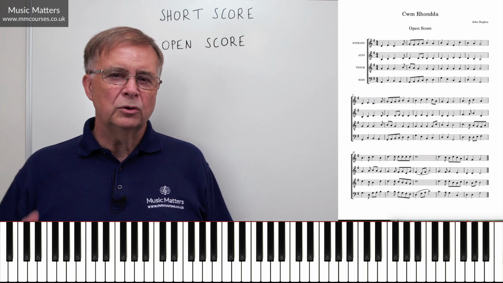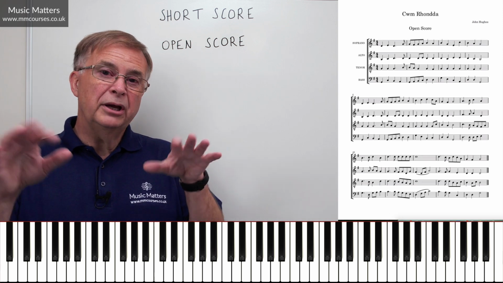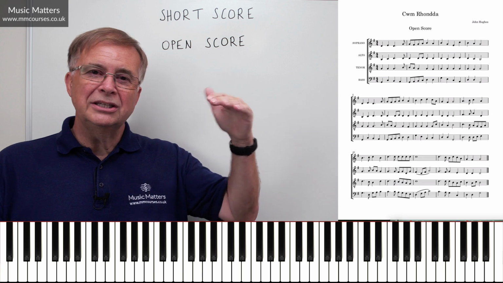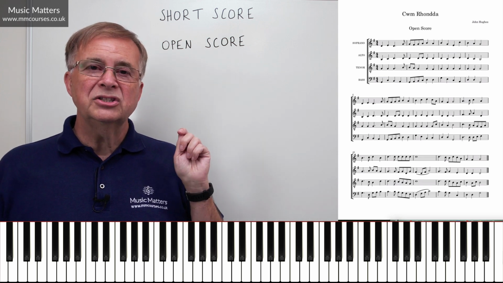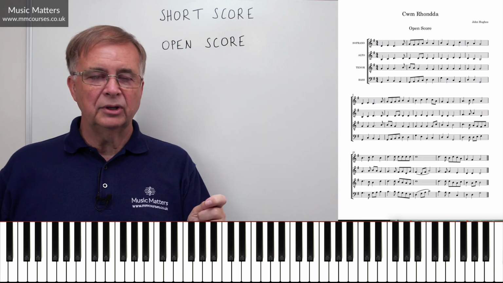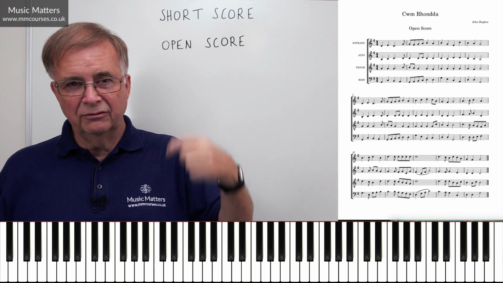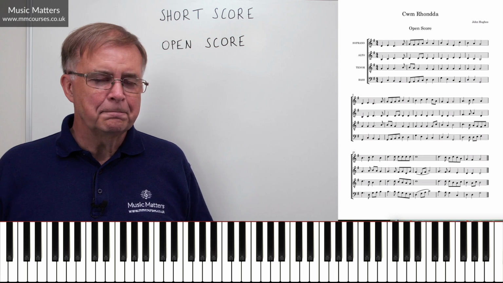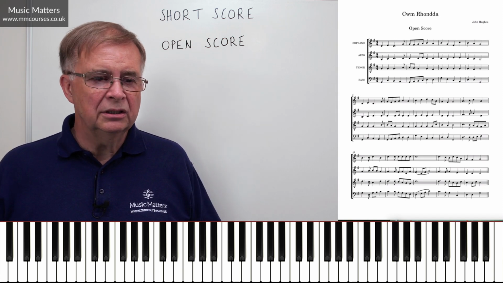So if you want to take a piece of music in short score, or maybe something you're composing in short score, but then you realize you need to present it in open score, when it comes to the tenor part, the first thing you've got to do is convert from bass clef to treble clef. Or of course, if you're converting from open score to short score, you've got to convert from treble clef to bass clef.